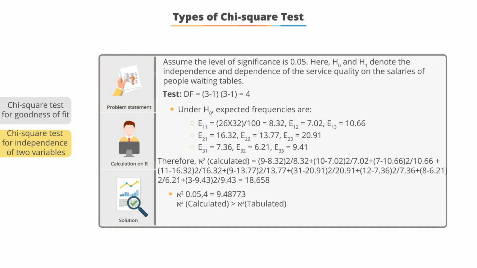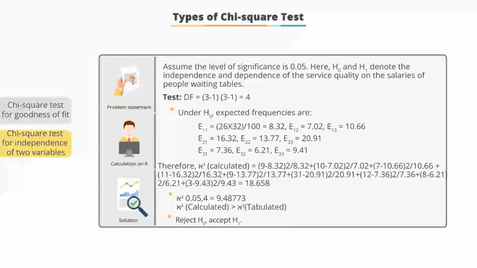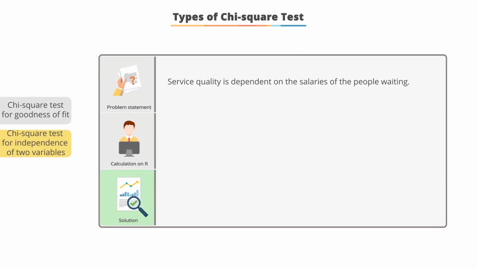Now, when we look at a probability of 0.05 with 4 degrees of freedom, it requires 9.48773, and that's the critical value compared against our calculated value. So, because 18.658 is greater than 9.48, we can reject the null and accept the alternative. And so we find that service quality is dependent on the salaries of the people waiting tables.